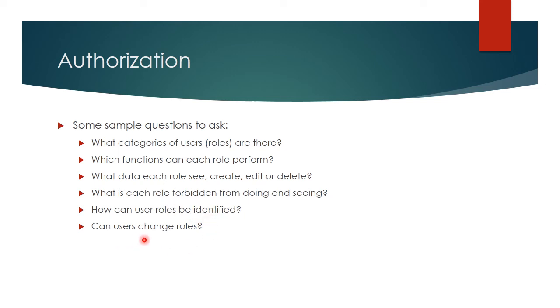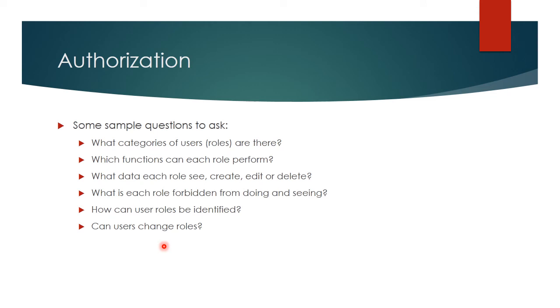And are the users themselves allowed to change role? That's interesting, because certain systems allow the user to change role. If the answer is yes, users are allowed to change role, then how do you guard all these changes and make sure that they don't change to a role that is beyond what is required to do their job?